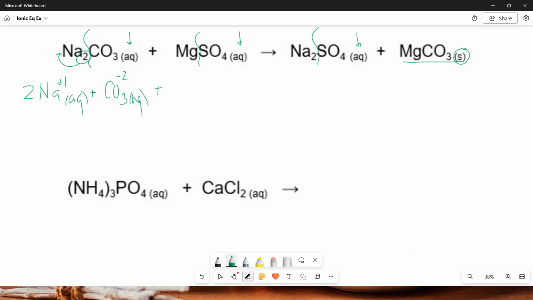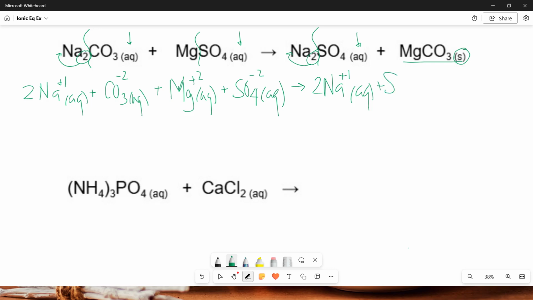I'm just going to quickly write this, and then we have a magnesium ion and a sulfate polyatomic ion, and this 2 is going to come up in front for the sodium, 2Na plus aqueous, and sulfate polyatomic ion. And I'm just going to rewrite my solid in this case as it is written. Okay, so this is a complete reaction.